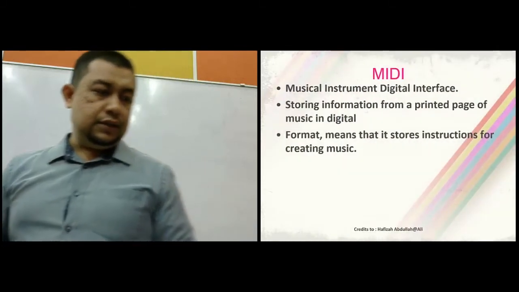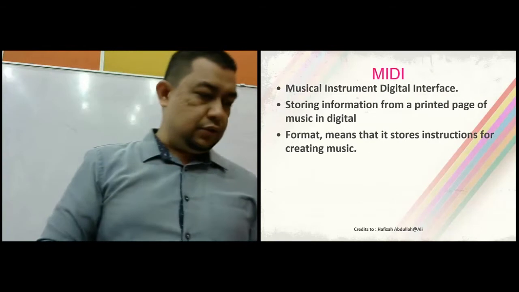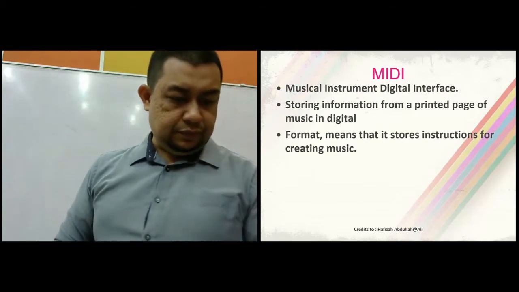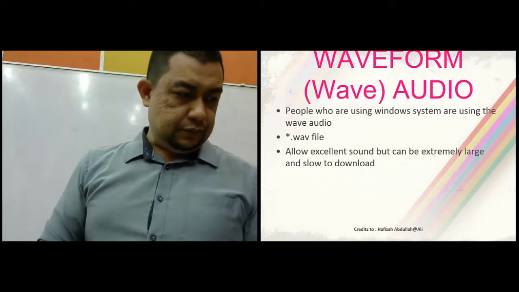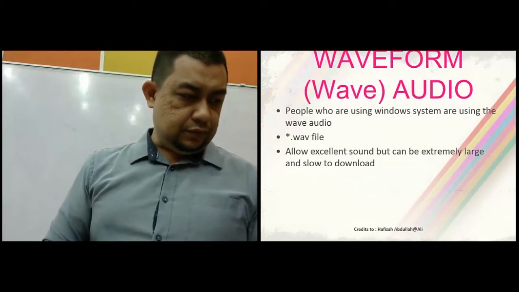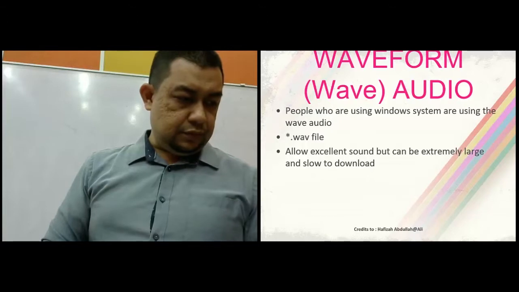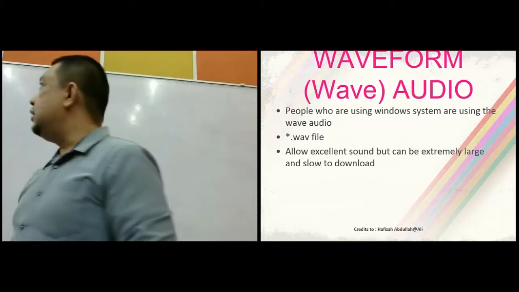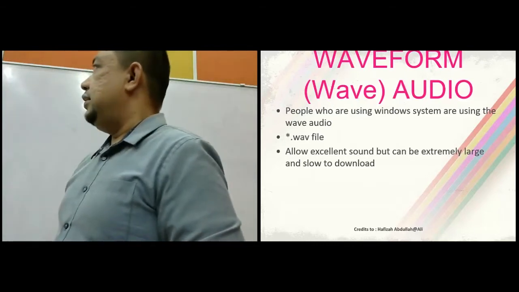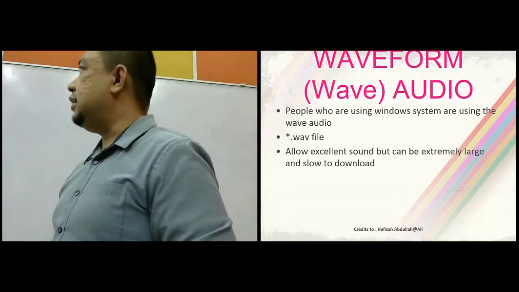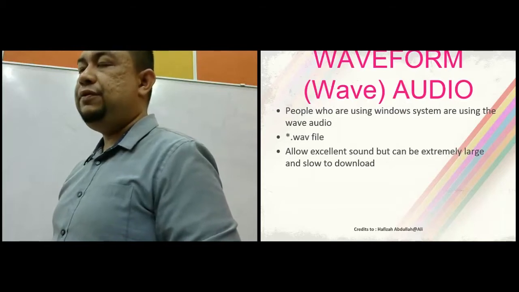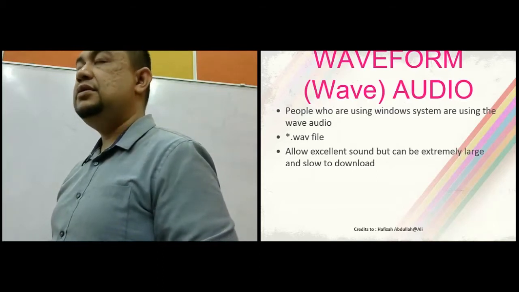Okay, just some introduction about MIDI. As we discussed before, WAV allows excellent sound but can be extremely large and slow to download. That's why we prefer MP3 and OGG.